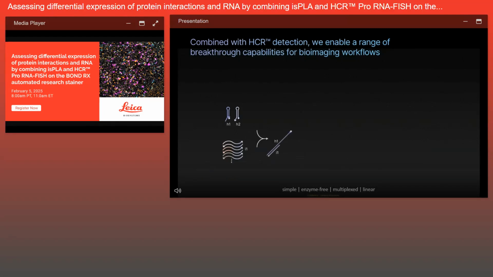But when they come into contact with their corresponding initiator sequences, they then unfold. So the H1 will hybridize to the I1 sequence, and in turn, this allows the H1 to unfold and bind to the H2 sequence, and so on and so forth. So this is how we get a self-assembling amplification polymer. This reaction occurs in mild conditions and is very easy on your sample.